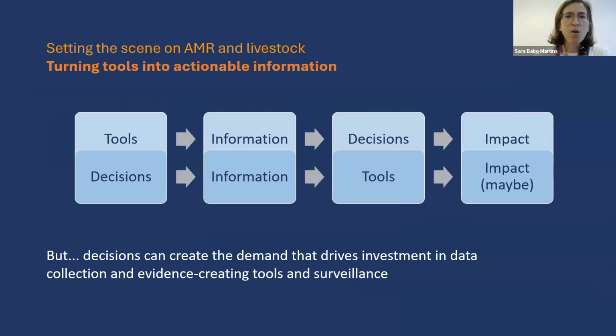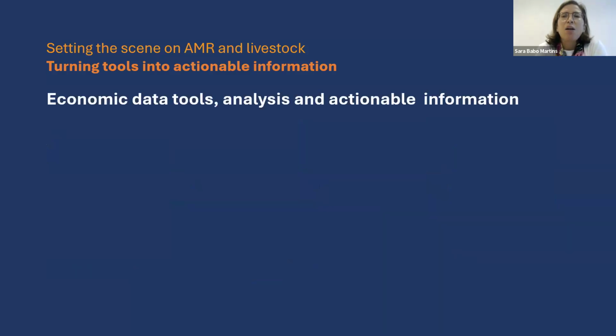And then hopefully, once we have those tools, we can enter again into a cycle where we want to be, which is data-driven decisions. So where can economic data contribute to all of this?